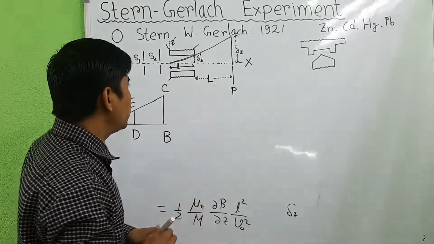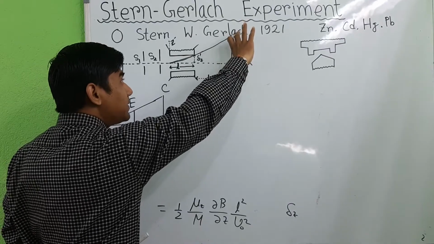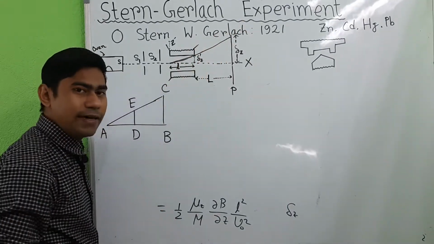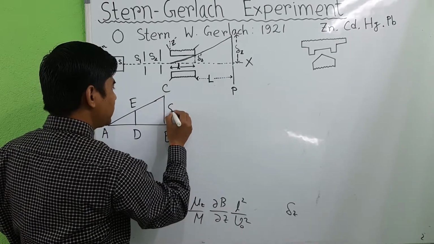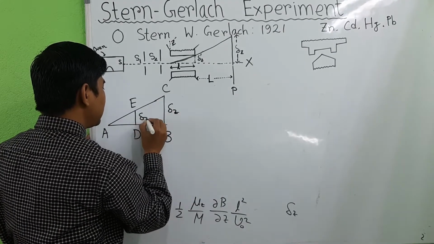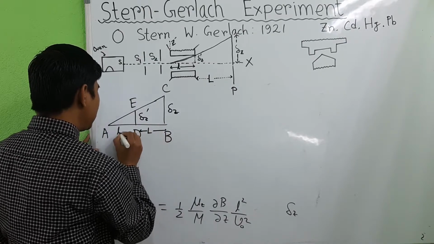So this is small l, this is capital L, this is delta z, and this is delta z dashed.